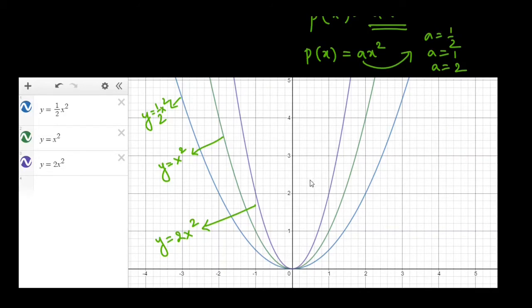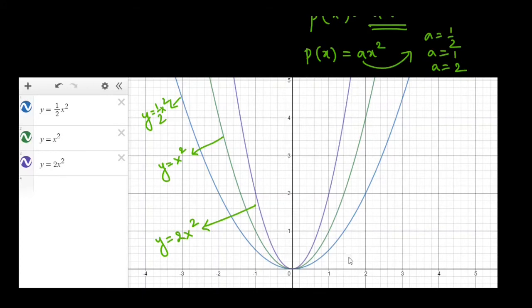So what is happening? The curve is simply bulging. When a is 1 by 2, the curve is bulgier. When a is equal to 1, the opening of the curve is getting thinner. When a is 2, the opening of the curve is further getting thinner.